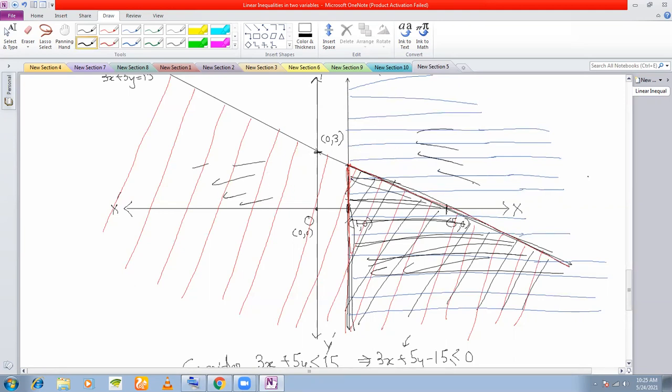So you will shade all these parts in pencil very lightly while attempting the examinations. And this part also you will shade very lightly. And then once you are able to see which part is common, you will erase all the other shadings and simply shade the actual solution part. Okay.